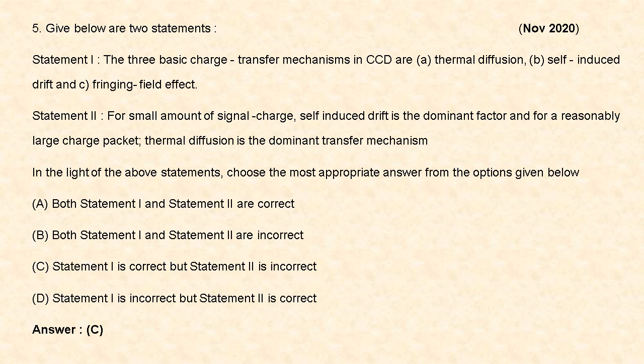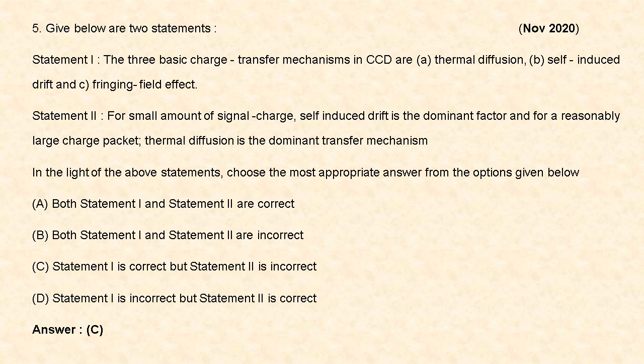In the above two statements, choose the appropriate answer from the options given below. Option A, both statement 1 and 2 are correct. Option B, both are incorrect. Option C, statement 1 is correct but statement 2 is incorrect. Option D, statement 1 is incorrect but statement 2 is correct.